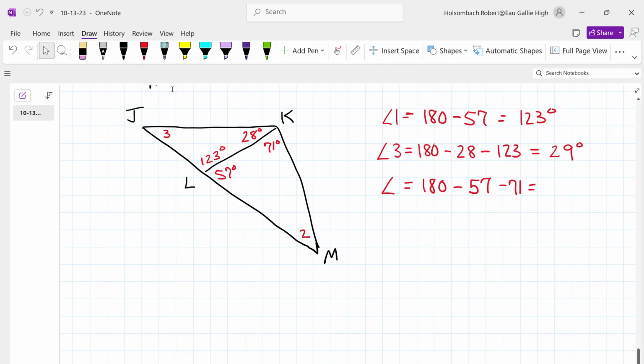So we take 180 minus 57 minus 71, and that's 52 degrees. All right. The three angles inside of a triangle have to add up to 180 degrees.